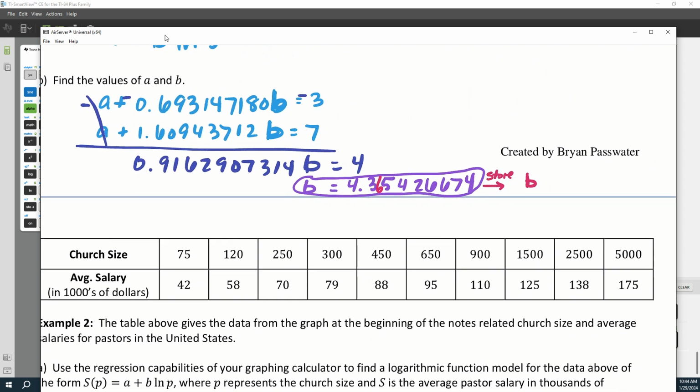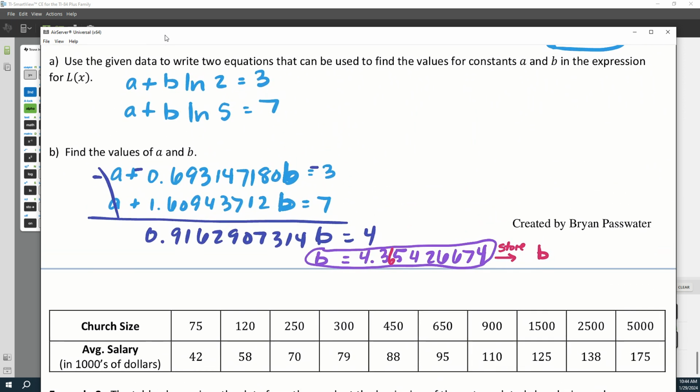All right, so now I need to go back and find A. And I can use either one of these equations to find A. I'm just going to go ahead and use the top one. So A plus B natural log of 2 is equal to 3. So that means that A is 3 minus B natural log of 2.